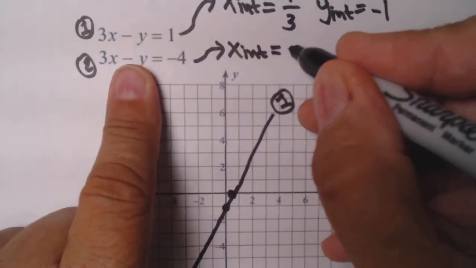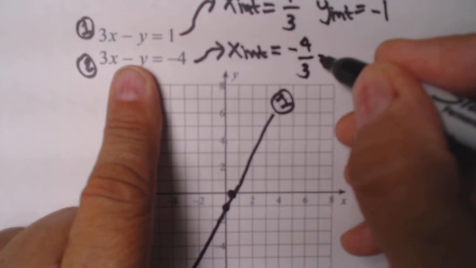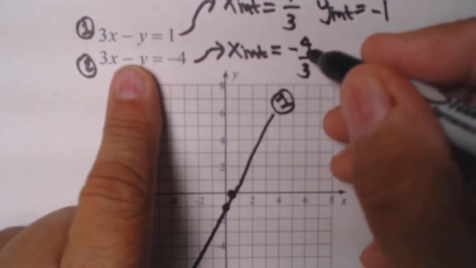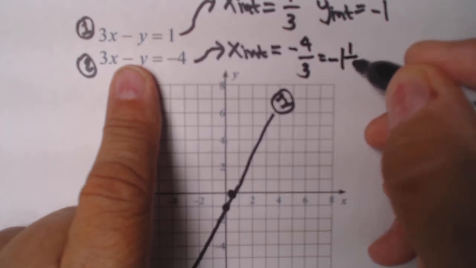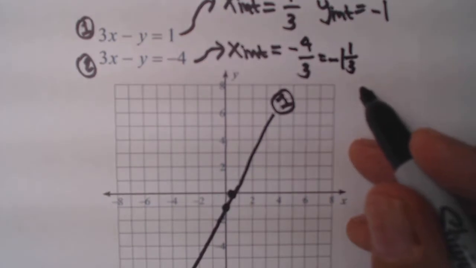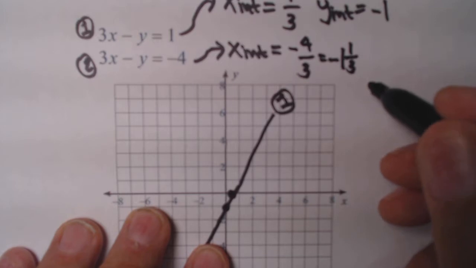So I get -4/3. Now, this is good to change to a mixed number. 3 goes into 4 once, so this is going to be -1, and there's one part left over. That makes it a little bit easier for us to see where to graph it. It's going to be at -1 1/3.